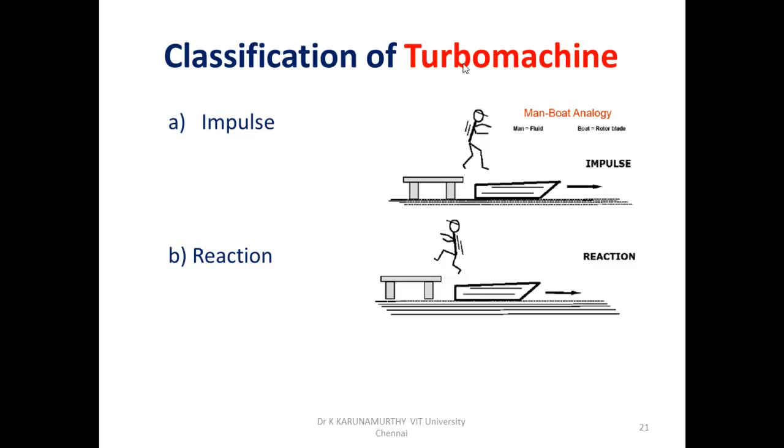When the person tries to jump into the boat from the platform, the boat moves in the forward direction, and this movement of the boat is because of the impulse action. In the other case, let us say the person is standing on the boat and wants to jump from the boat to the platform. When he jumps from the boat to the platform also, the boat moves in the forward direction, and this movement of the boat in this case is due to the reaction.